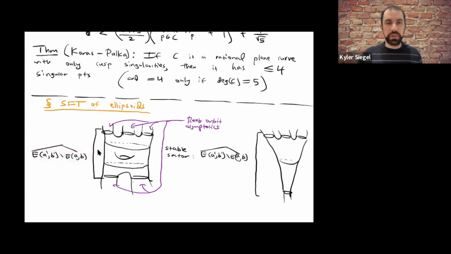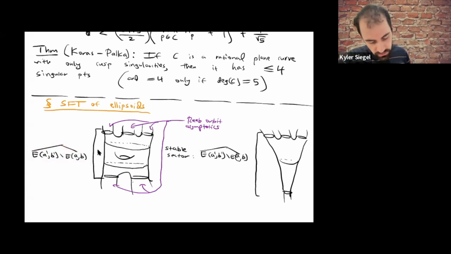In fact, it's enough to just assume that this is the standard ellipsoid in C2. It just happens to sit inside some other larger ellipsoid. Then you can look at the cobordism given by removing one from the other, and you can take the symplectic completion of that to get a complete symplectic cobordism.